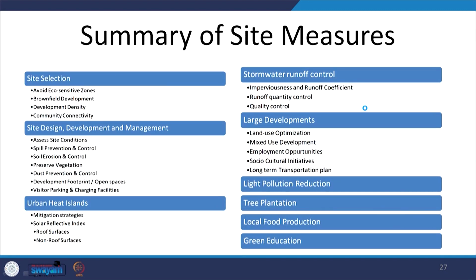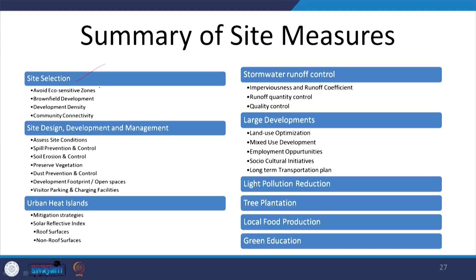So, to conclude and consolidate all that we have discussed in this week, we can summarize on this slide where all the parameters and measures for sustainable site development are listed here. First of all, we talked about the site selection, where we talked about eco-sensitive zones, the brownfield development, development density and community connectivity.